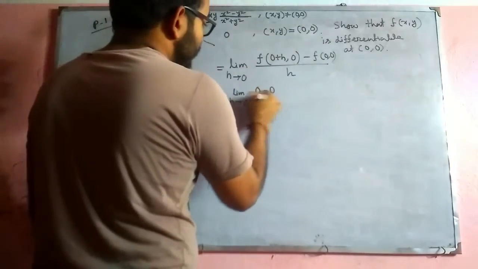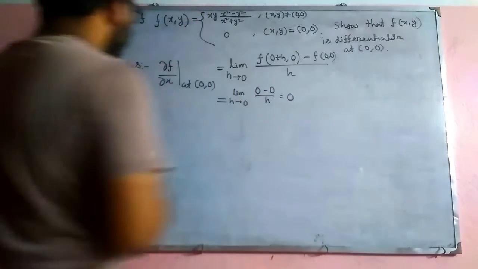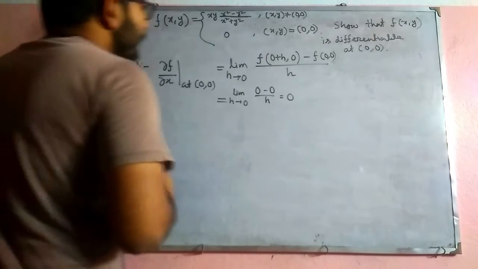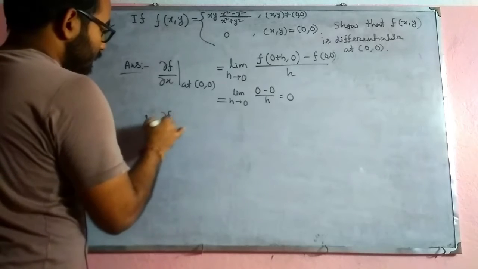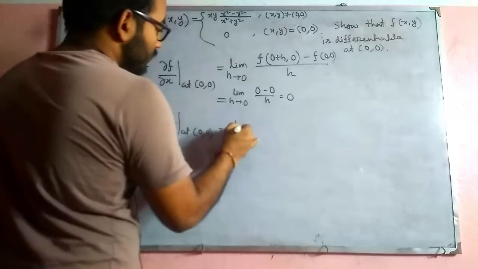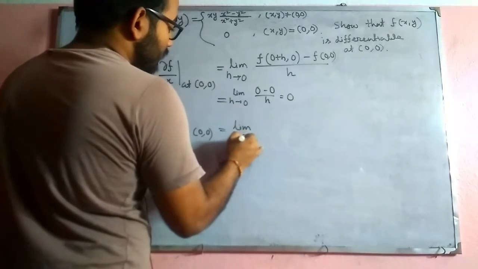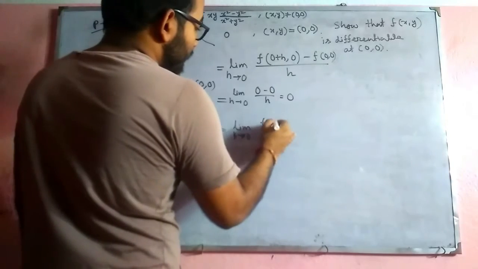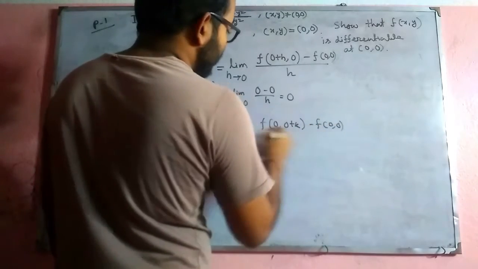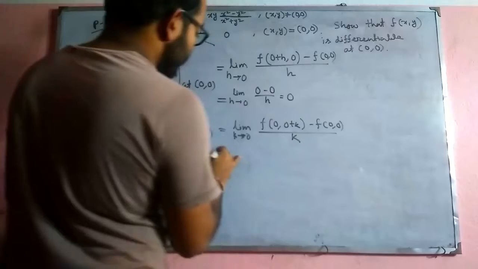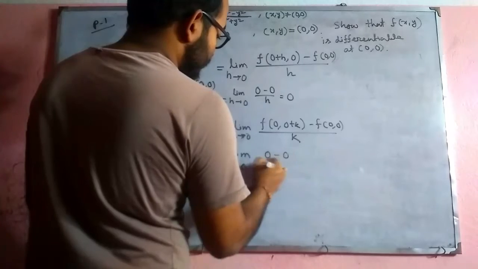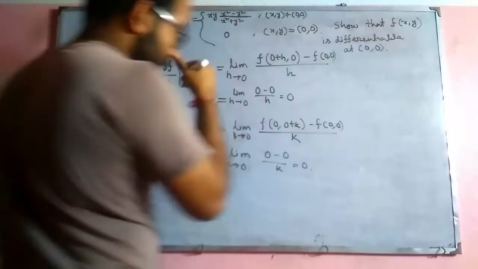So (0 − 0)/h, and the partial derivative of f with respect to x at the point (0,0) is equal to 0. Okay. And ∂f/∂y at (0,0) will also be 0. Okay. [f(0, 0+k) − f(0,0)]/k = (0 − 0)/k is equal to 0.